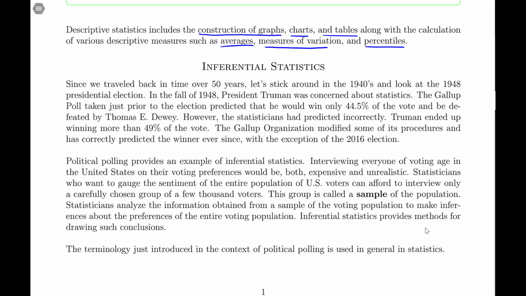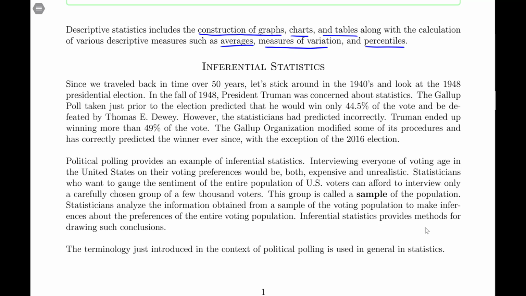The Gallup poll made a prediction that Truman would only win 44.5% of the vote and then subsequently be defeated by Thomas Dewey. They made that prediction off of a sample of all United States citizens. So what they did is they contacted certain people within the population, asked them which way they were going to vote, and when those people indicated which way they were going to vote, they kept a record of that.